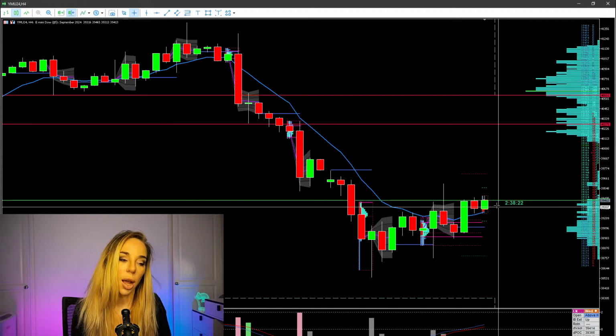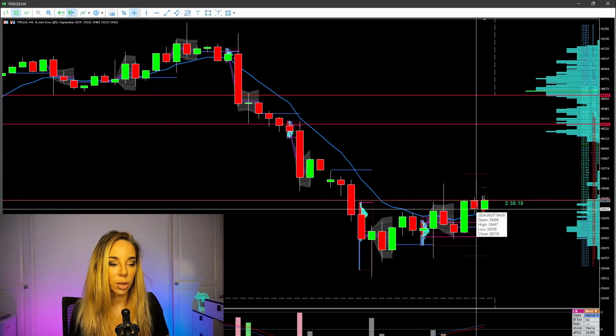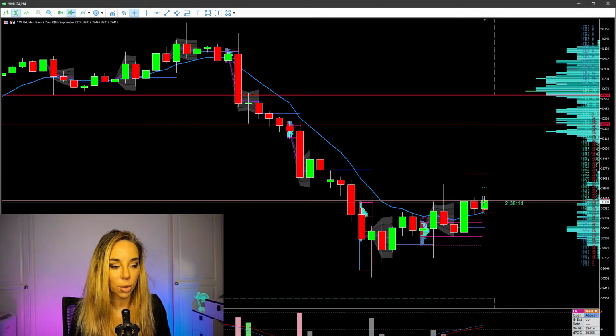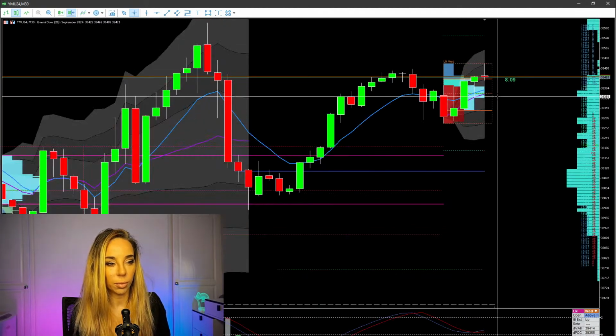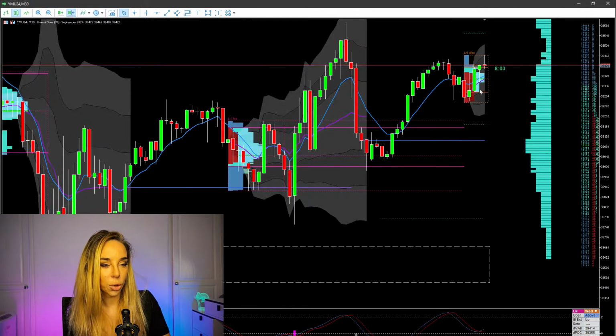London is open with a gap, but we didn't go into a gap fill. It immediately ran upside, but it's range bound here in the last 8 hours. This is a 4-hour chart. Attempting to go higher. How is the auction doing? Not very well.